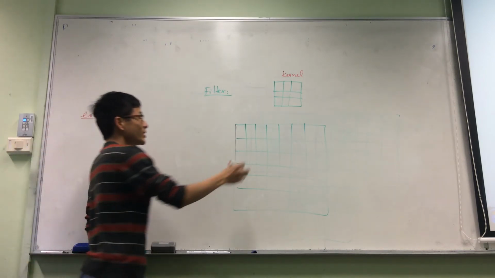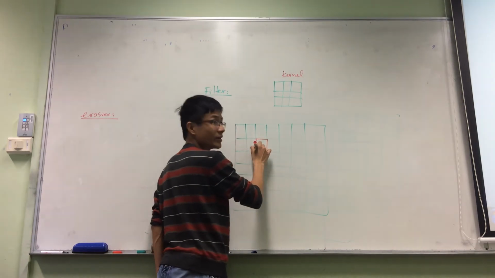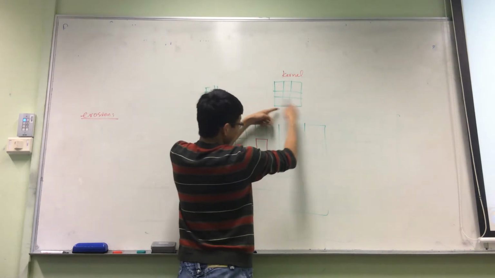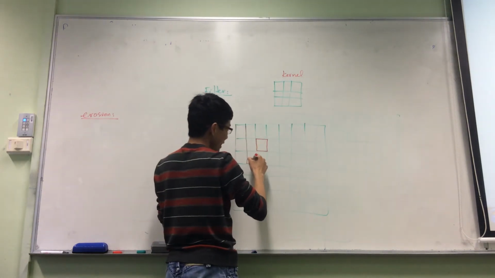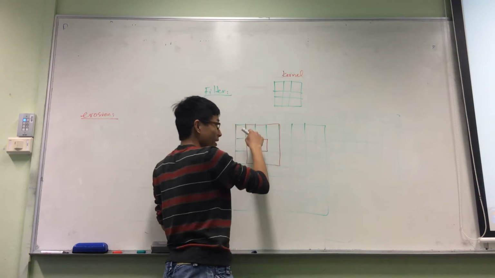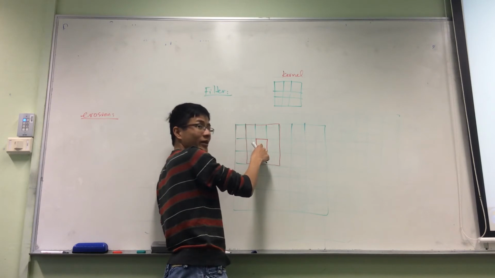Erosion means if I want to calculate the output of this pixel, I apply the kernel to that pixel. This one is 9, so I need to take all 8 pixels surrounding it, combine them, and give the final value at the center.